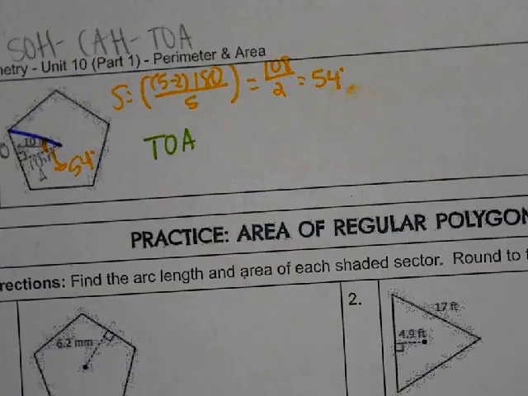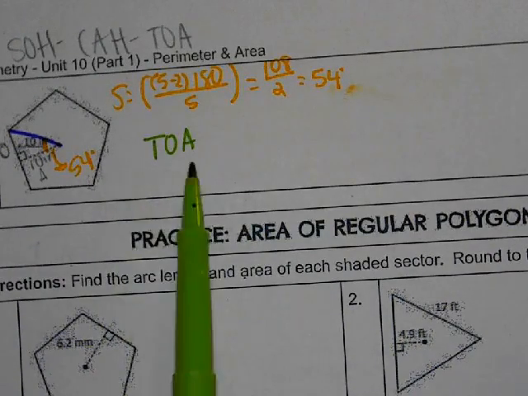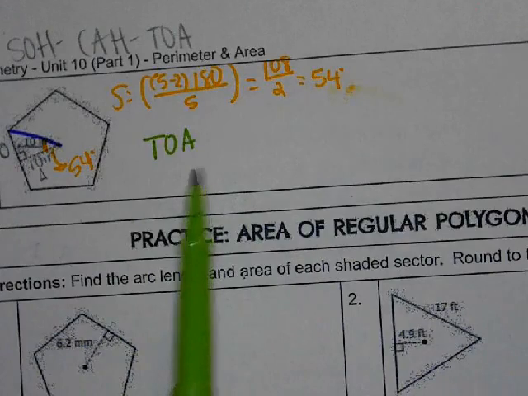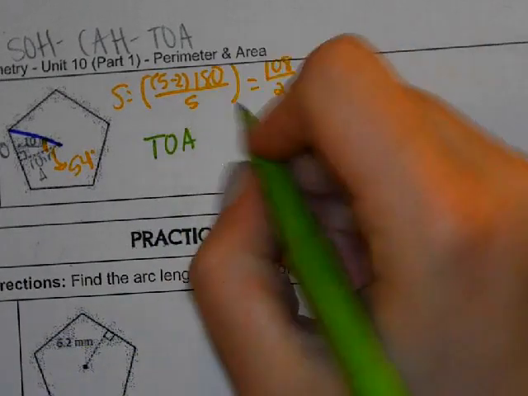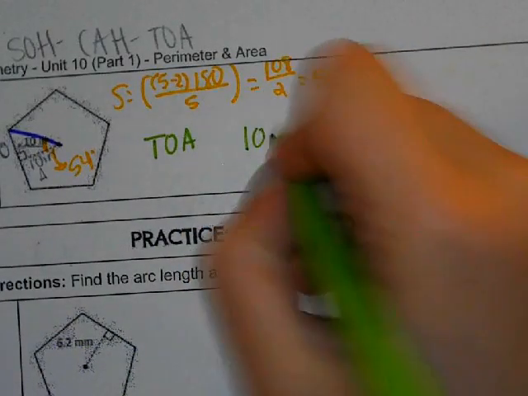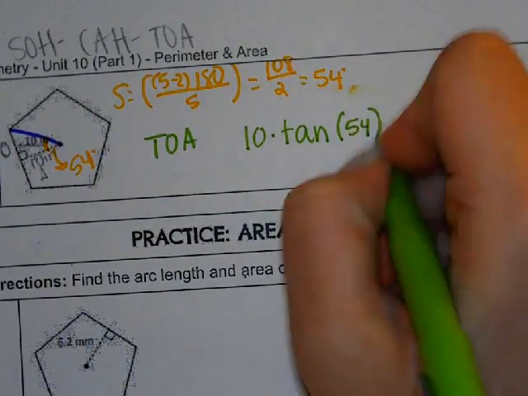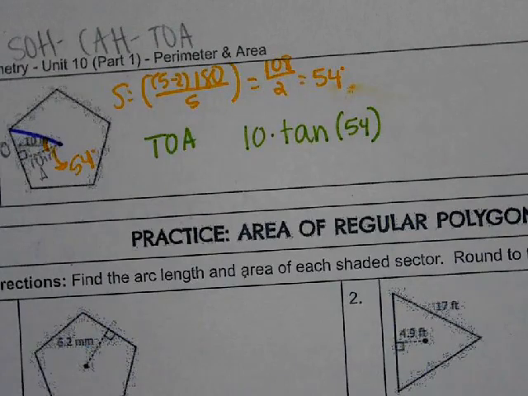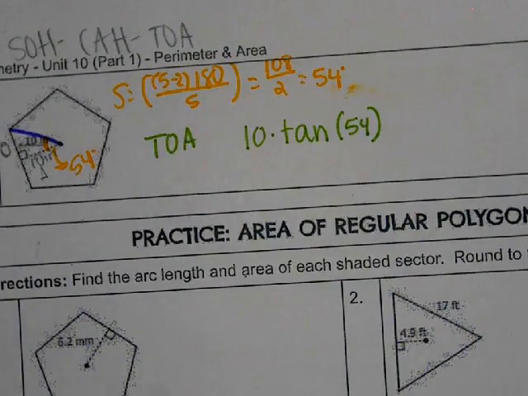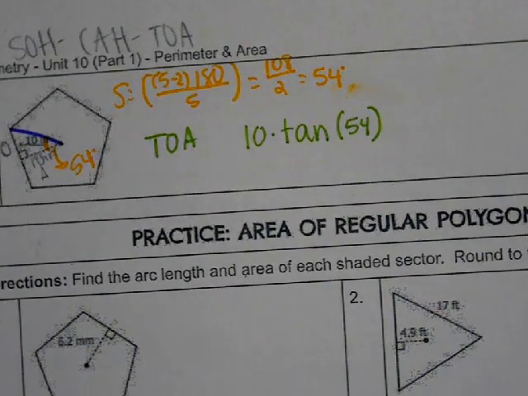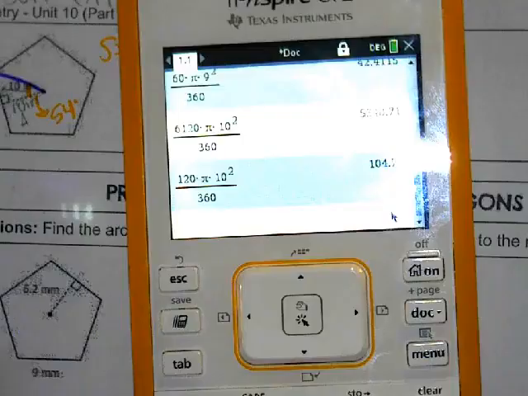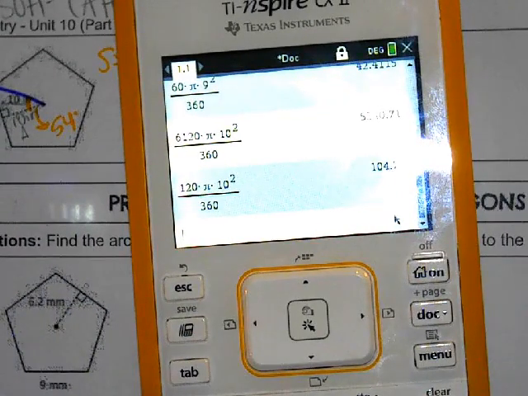Now I have A, so that means I will set it up like this. 10 times the tangent of the angle that we found, which was 54 degrees. Oh, I gotta type in the calculator. So remember, because it's been a little while, if I go to trig, that's where I can find these.